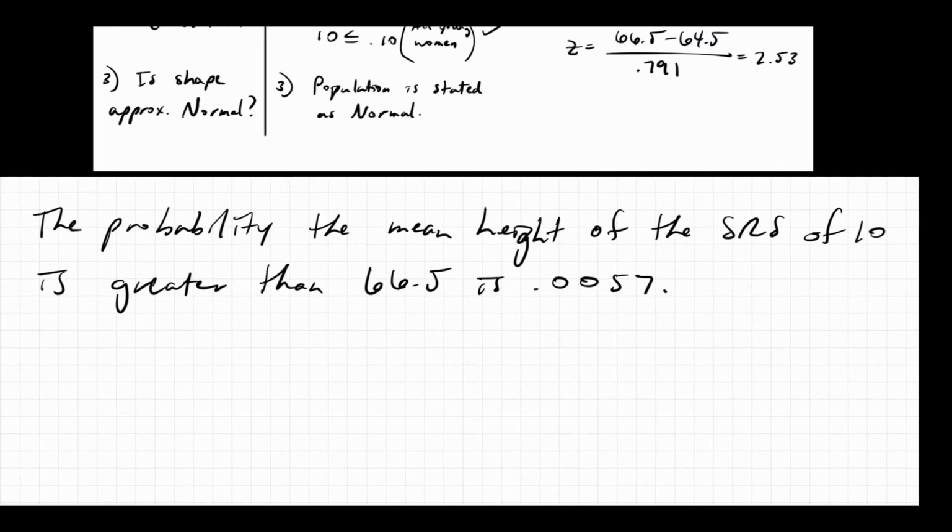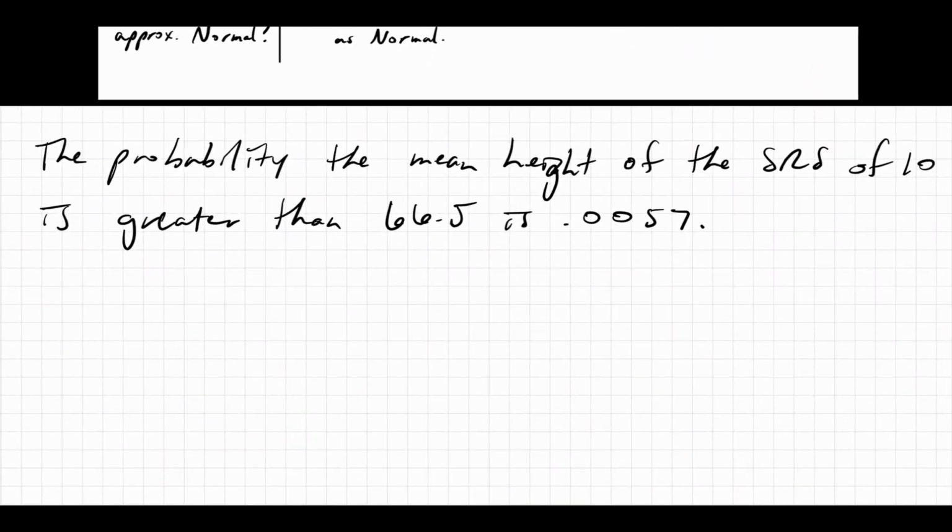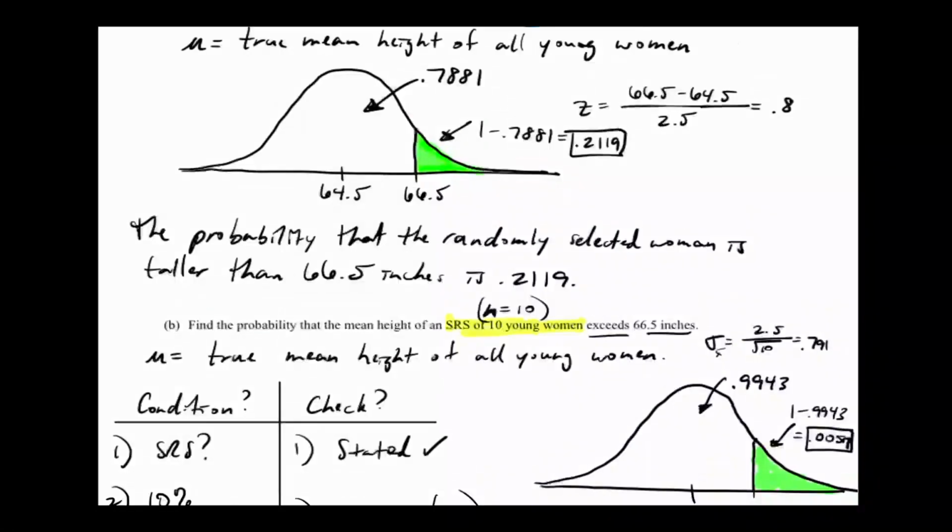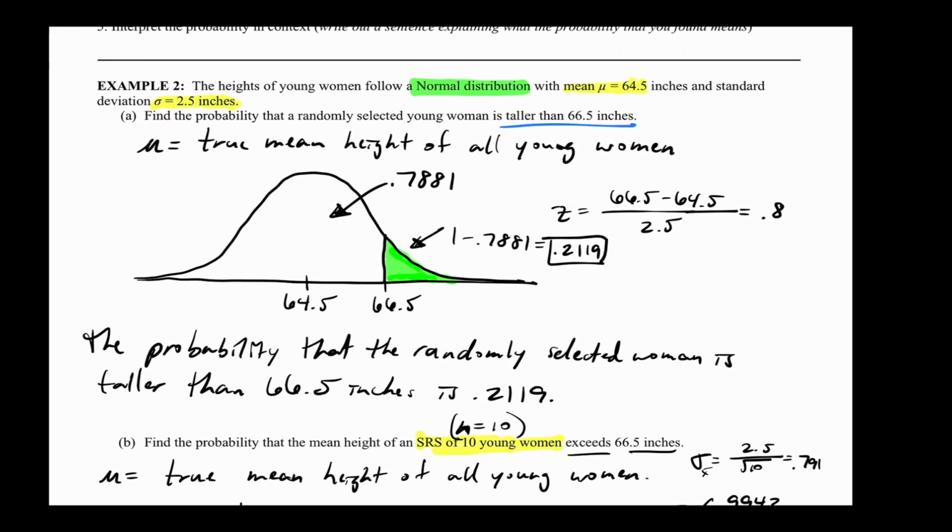This one, 66.5, is a little bit farther from 64.5. The first one didn't come from a sample. It was just one girl. I picked one girl's name. There's high variability in doing one thing. If I go to a casino just today, anything could happen.